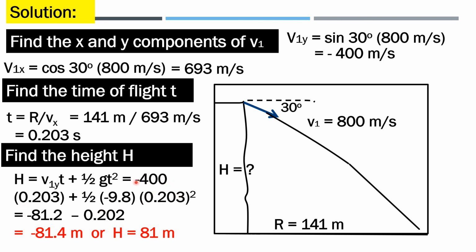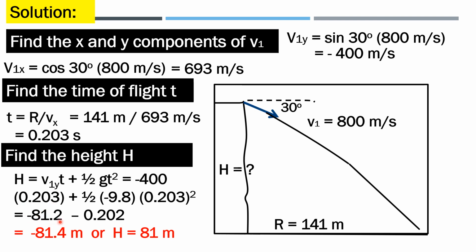So negative 400 will be multiplied by the time of 0.203 seconds, and then add half of the value of g, negative 9.8, times the square of the time, 0.203 squared. When we multiply negative 400 times 0.203, we will get negative 81.2.